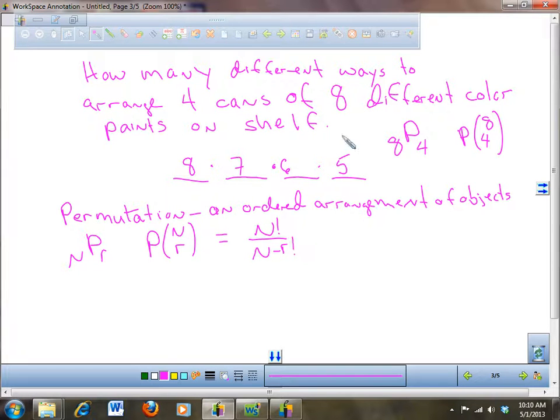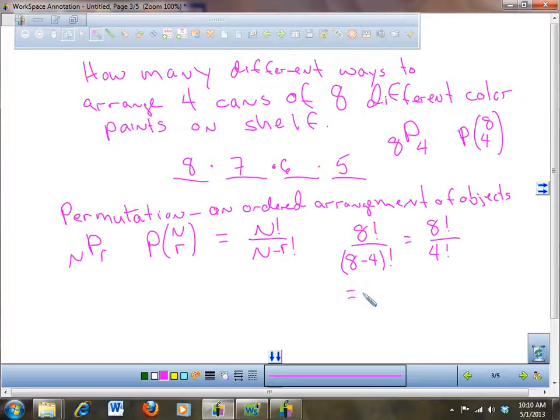So in this problem, it would be 8 factorial over 8 minus 4 factorial, which reduces to 8 factorial over 4 factorial.